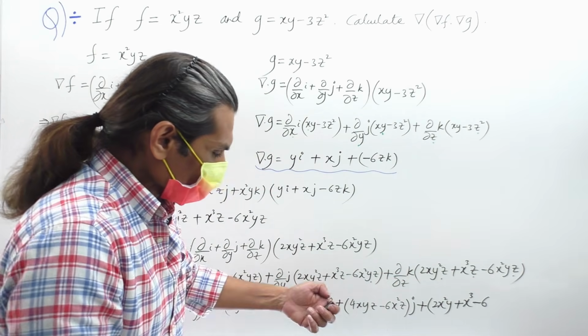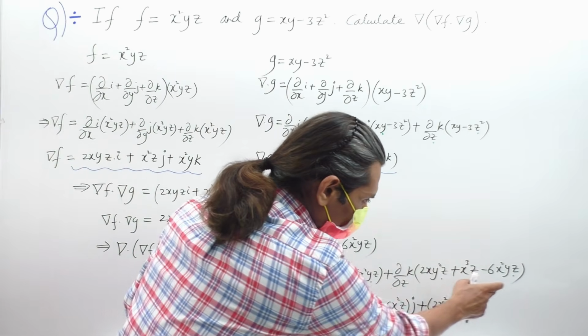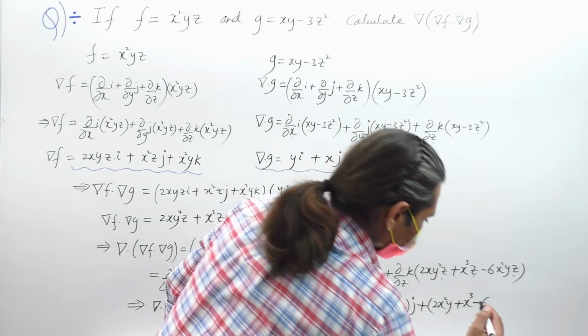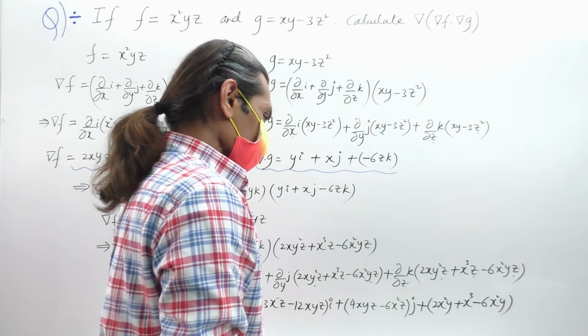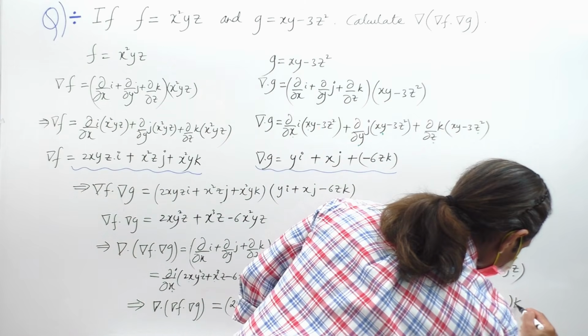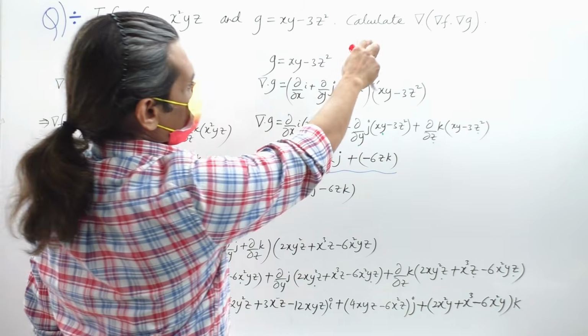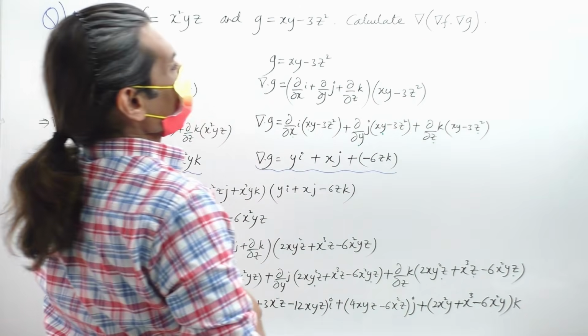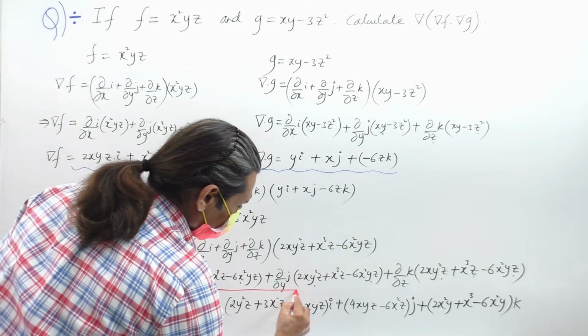See, ∂/∂z, we are differentiating only with respect to z here. So z is only here. So 6x²y as it is into differentiation of z is 1, into k. That's all. That's the solution. So we have found a solution for what they asked in the problem. Let us calculate del into bracket del f into del g, this is the solution.